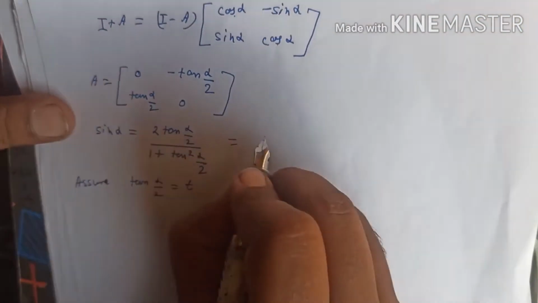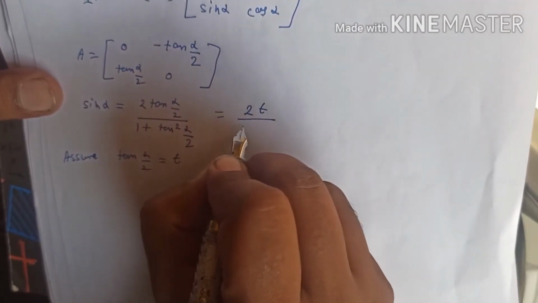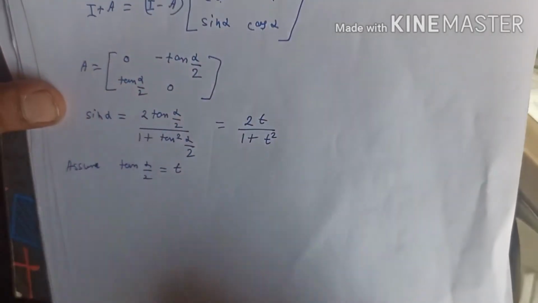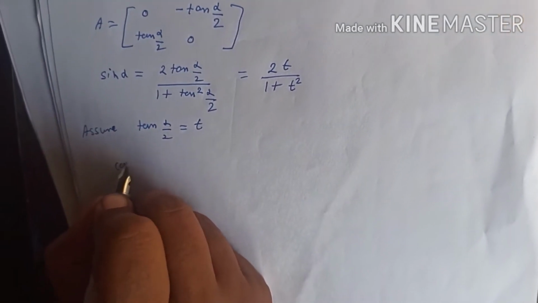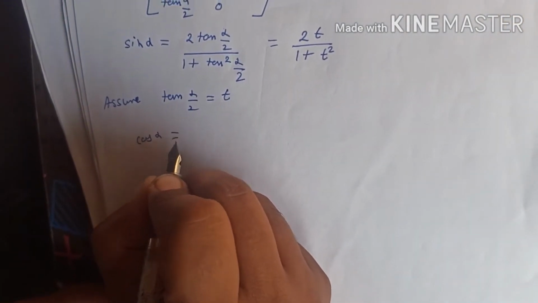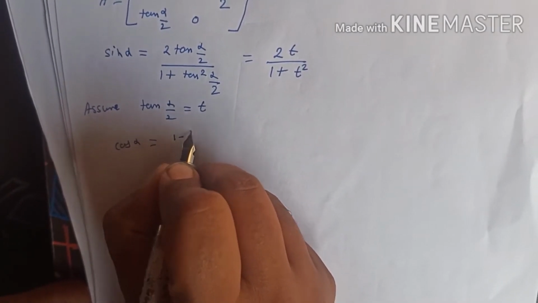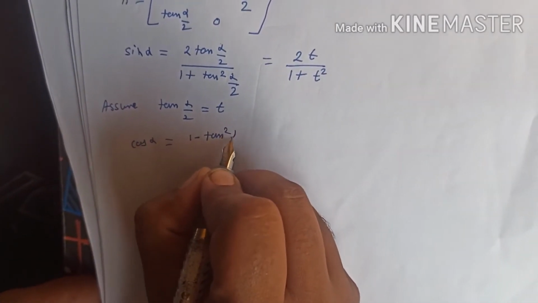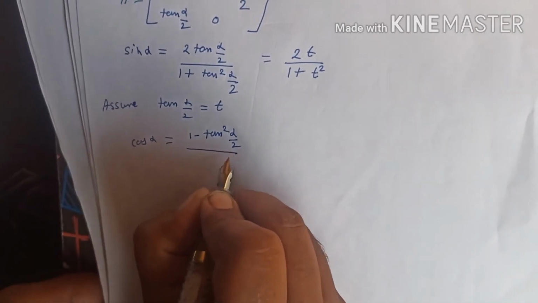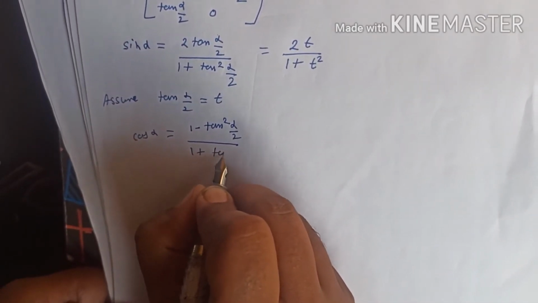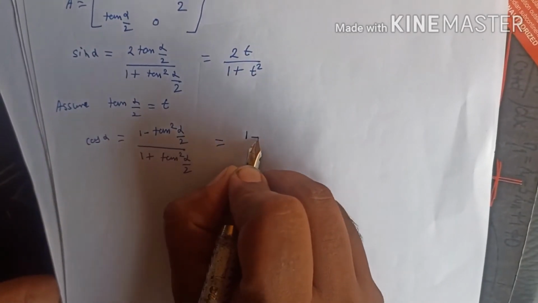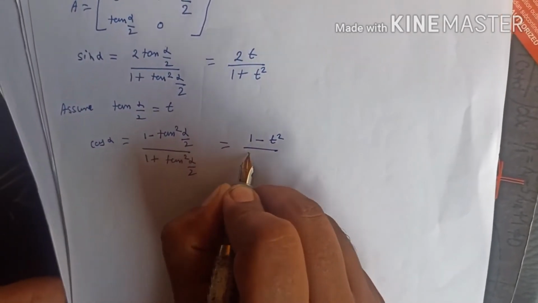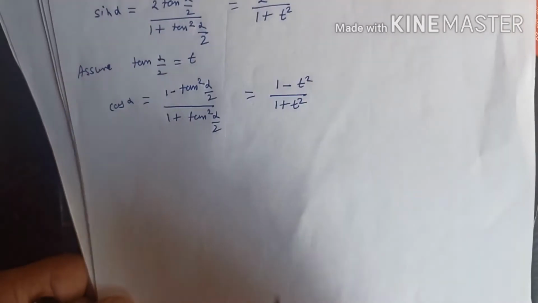Then this is equal to 2t over 1 plus t square. Now cos of alpha is equal to 1 minus tan square alpha by 2 over 1 plus tan square alpha by 2. So it becomes 1 minus t square over 1 plus t square.